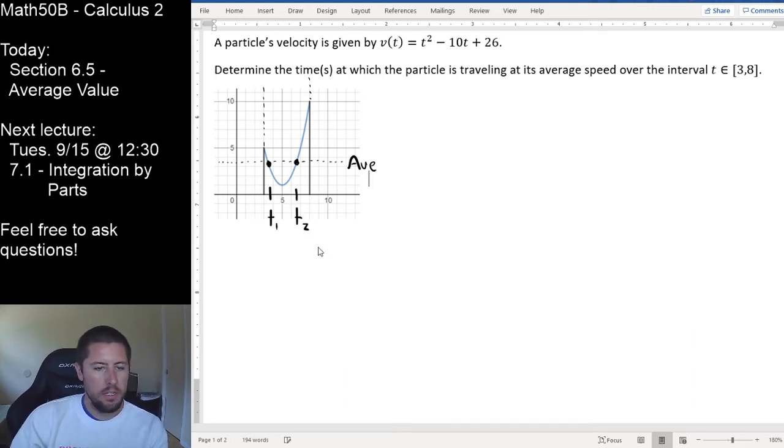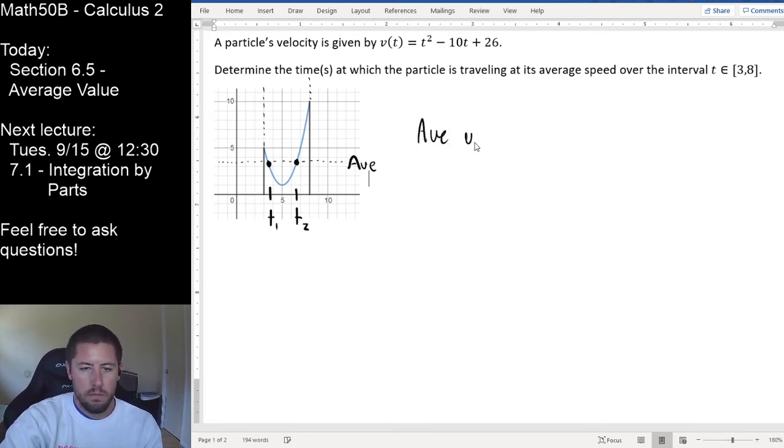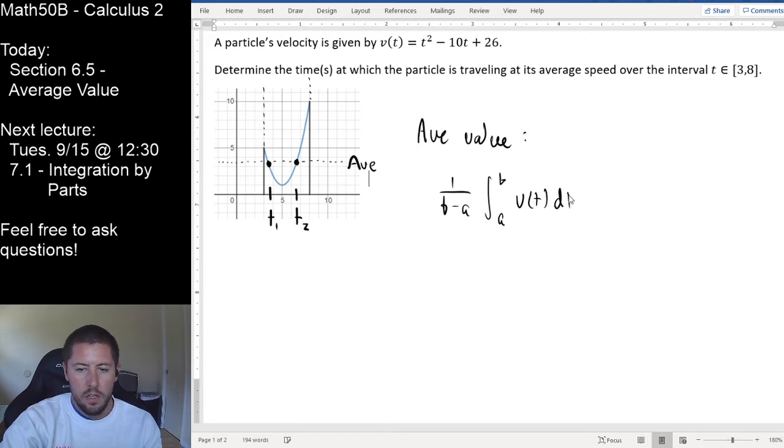So let's go ahead and first compute the average velocity so we know what the height is. Then we'll find out at what times our parabola intersects that height. So our average value statement right here should be, we're looking at 1 over b minus a times the integral from a to b, in this case v of t dt.